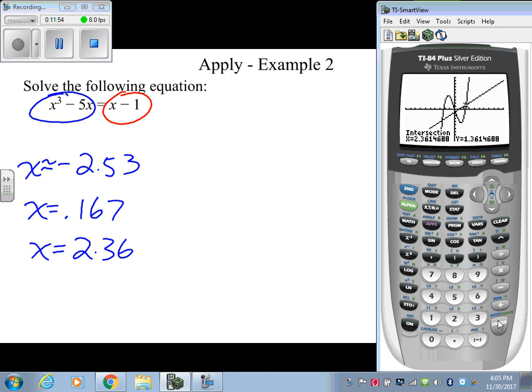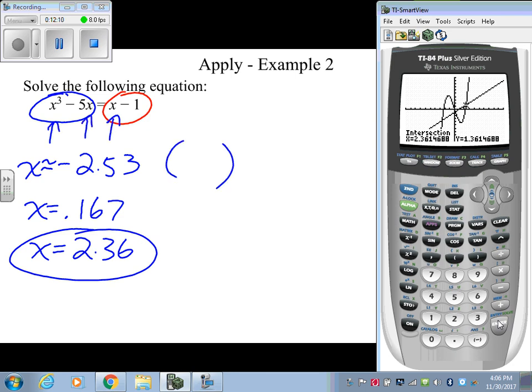Well, we can check these values by plugging them in. Now, you'll notice I rounded all of these values, so I might be off by like a hundredth or something like that. But I'm going to take, let's just pick one at random, this last one here that I had. So I'm going to plug it in everywhere I had an x in my function.